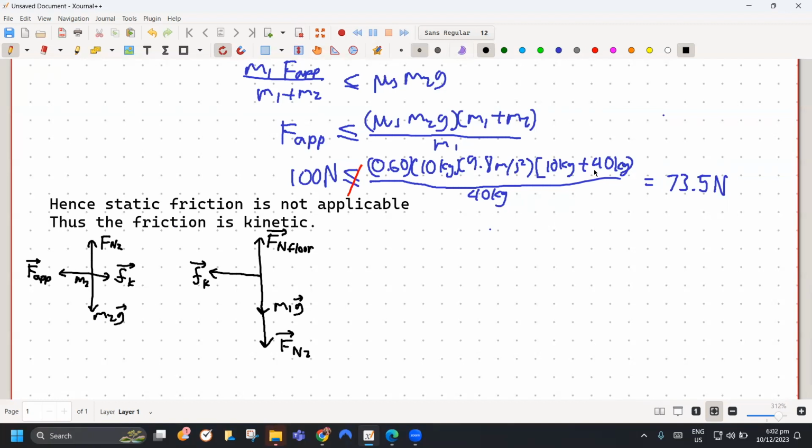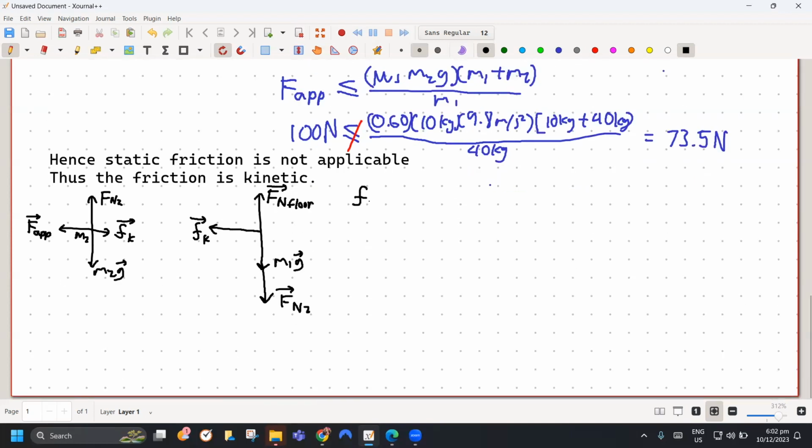And then we have an equation for FK. FK is equal to what? Okay.